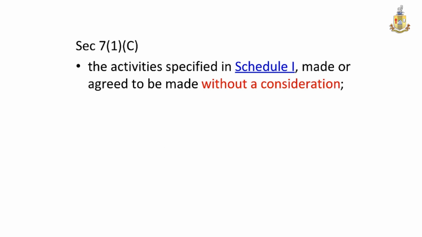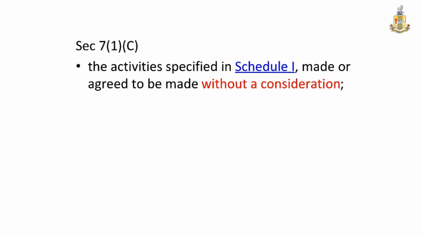Next is section 7.1c. In the first point we saw that we should have consideration and furtherance of business. In the second point, they told us it should be for consideration, even if it is not for business purpose, when you get imported services from outside India, we will call it supply. And the third point, they are telling us that all the activities specified in Schedule 1, even without consideration, we will call it as supply.